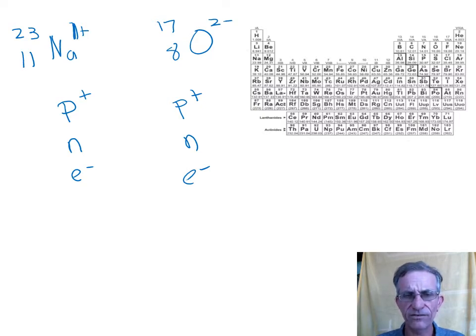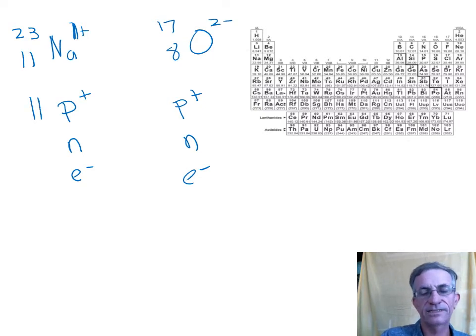So let's start off with the Na on the left-hand side. Anybody remember what the Na is? Na is sodium, right? So in this sodium ion, there are 11 protons. Remember, the bottom number is your protons.